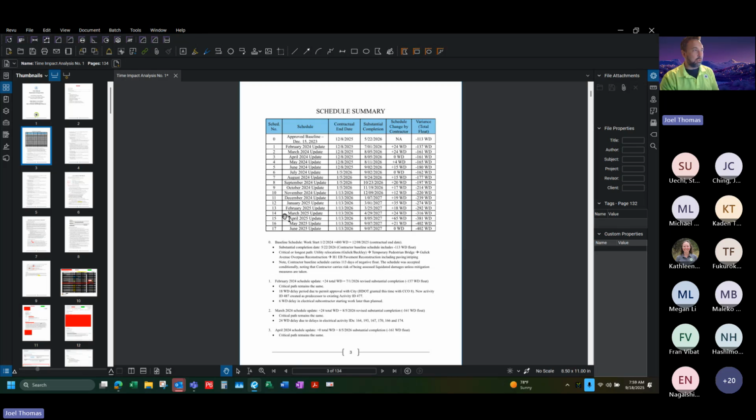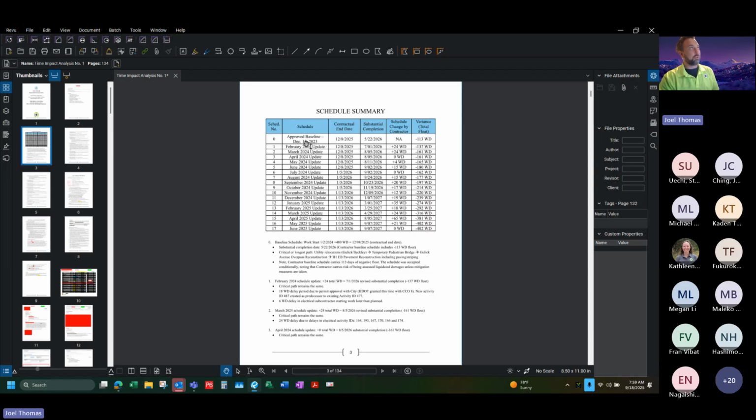So for my schedule summary, this is, you could call it, the highest level of where the schedule is at on the project. I started with schedule 0, which is the baseline, which was submitted back in December of 2023. I think we got it approved on the 15th.